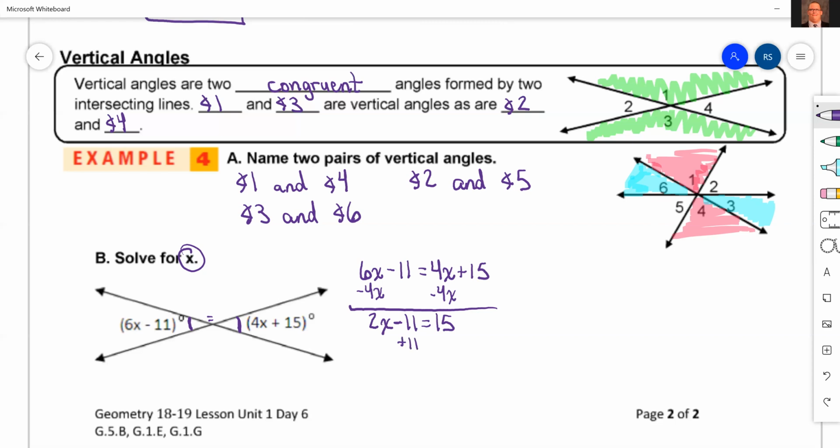Add 11 on both sides. I'll get 2x equals 15 plus 11 is 26. Divided by 2.